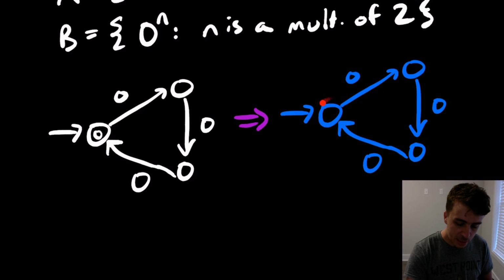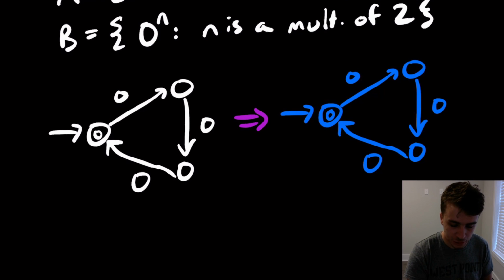That means that if we make this state final, we need to read a string that is a multiple of 3, right? So is there a way to read a string that is a multiple of 3 to get here using a string that is a multiple of 2? That is possible, because I can read a string of length 6. I can read a string of length 3 and then 3 more, which lands me here, and so it is of length 6. Therefore, I will mark this state as being final.